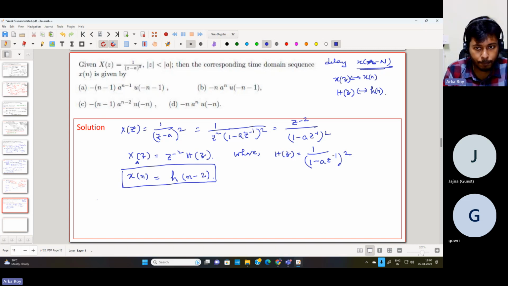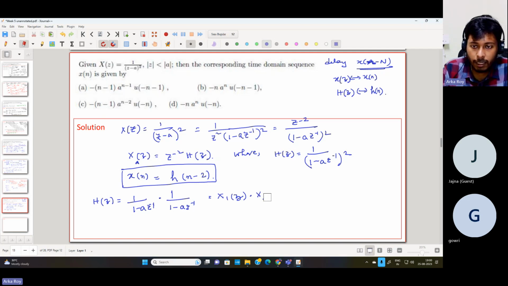So for that, I can write H of z as 1 divided by 1 minus a z inverse multiplied with 1 minus a z inverse. So let us consider this is X1 of z, as both of these representations are the same.